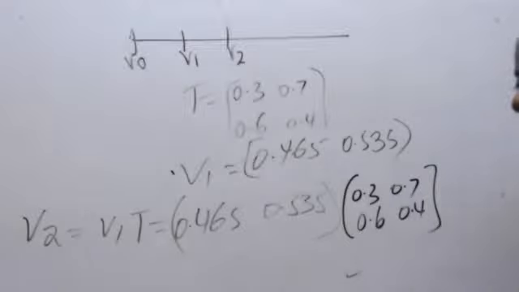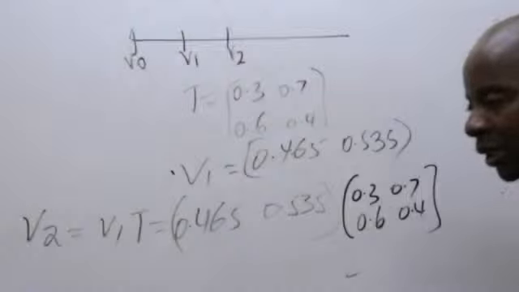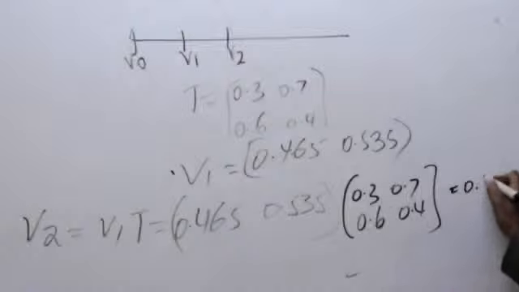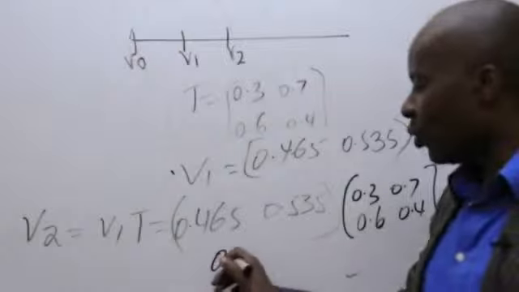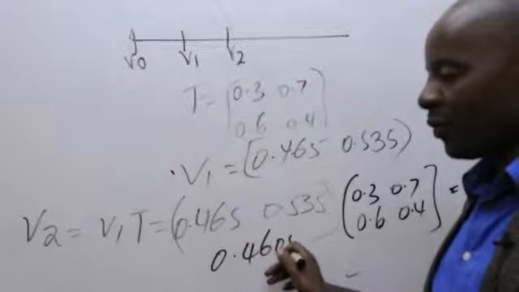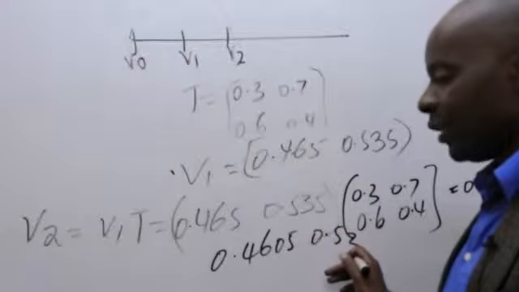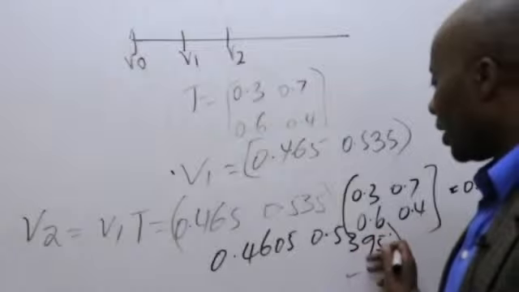So we have 0.46, 0.5, and then for vector 2, 0.4605, and then we have 0.5395. Thank you very much.